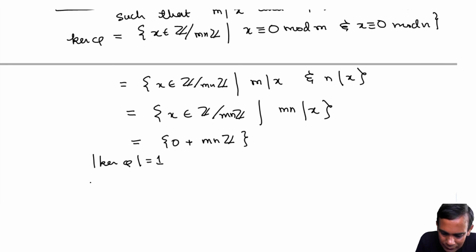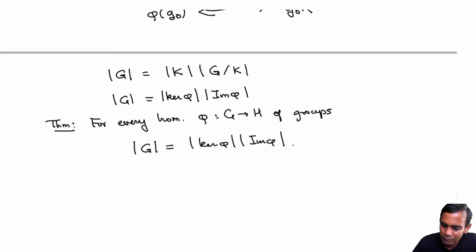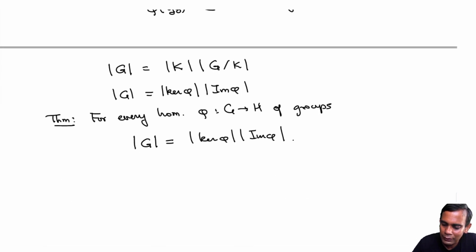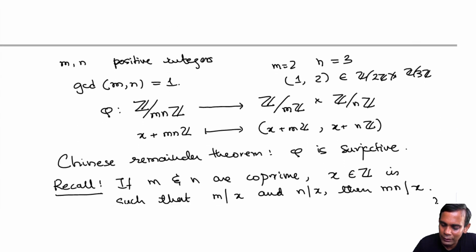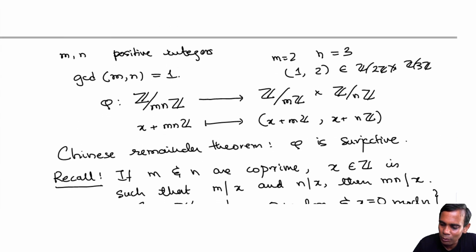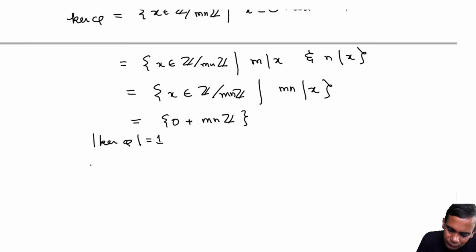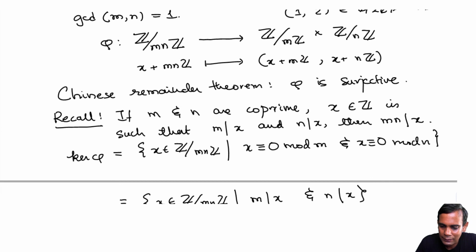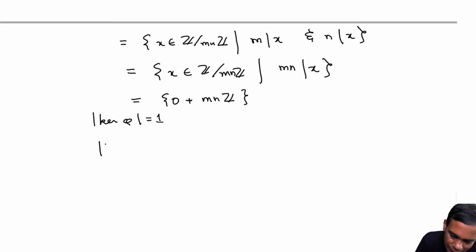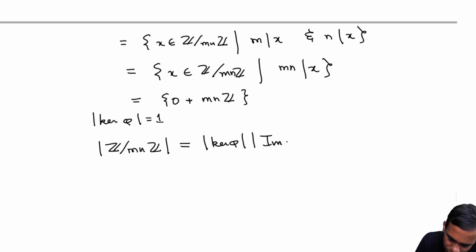So we have this earlier result, the counting theorem, that the cardinality of G is the kernel of phi times the image of phi. So here we have phi from Z mod mnZ to Z mod mZ cross Z mod nZ. So what is the group G? The group G here is Z mod mnZ. So the cardinality of G, Z mod mnZ, is the cardinality of the kernel of phi times the cardinality of the image of phi.